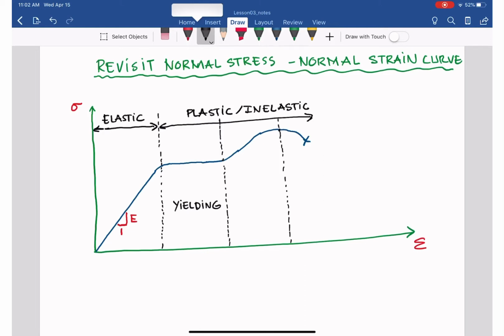That portion is strain hardening. And finally, until it ruptures, this is the rupture point.